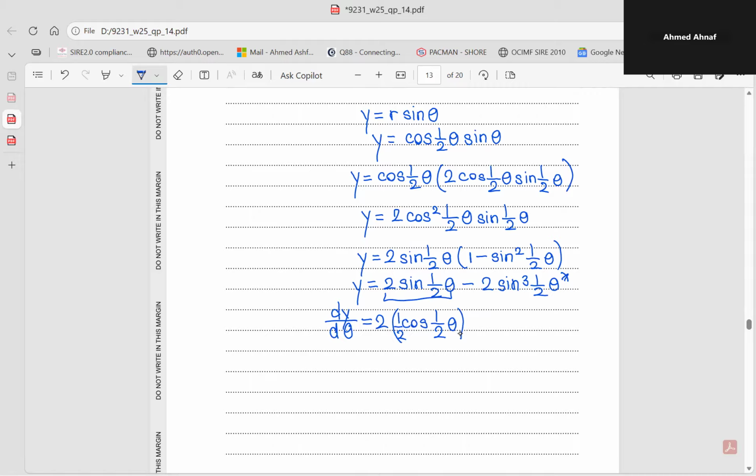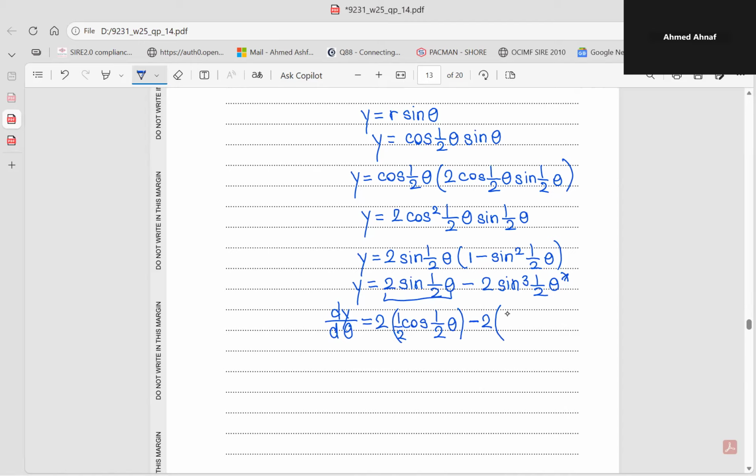Yeah, and then for the next one, it's a bit more complicated. As usual, you can keep the 2 out. Now we're going to differentiate the sine cube half theta. To do that, you first have to bring down the power, according to the chain rule.